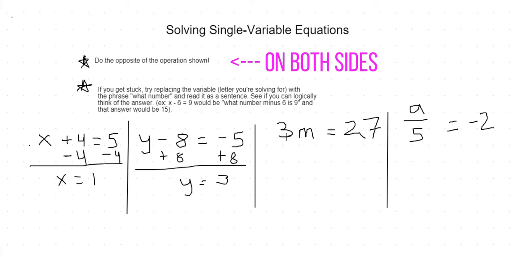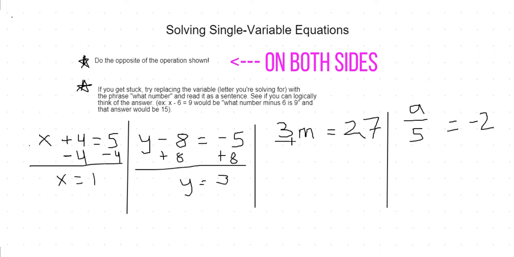3m equals 27. Now, when you see a number directly next to a variable, there's no plus sign, no minus sign between them, you are looking at a multiplication problem. This is like saying 3 of m, and the word of in math means multiplication. So 3 times m, 3 of m, the opposite of that is divide by 3.